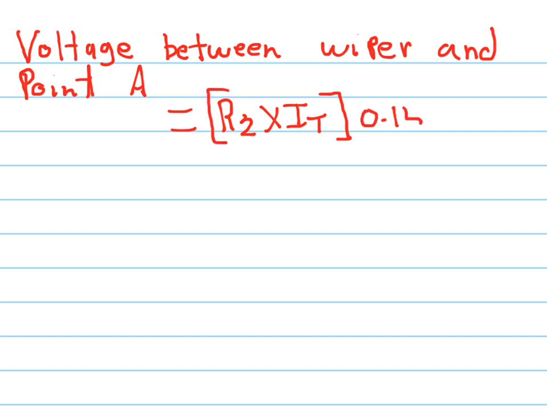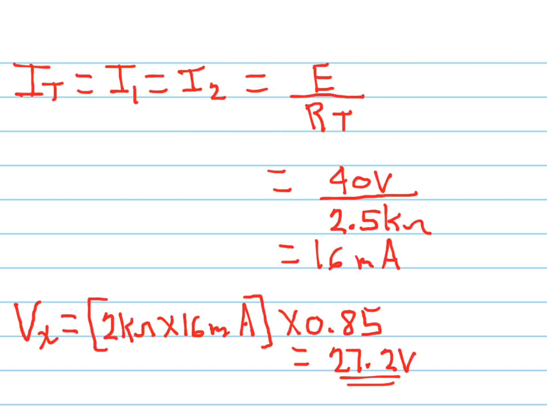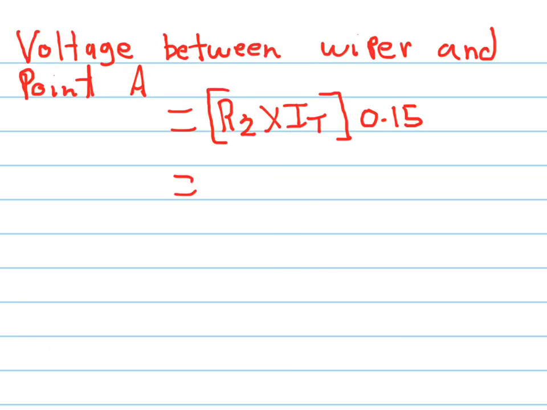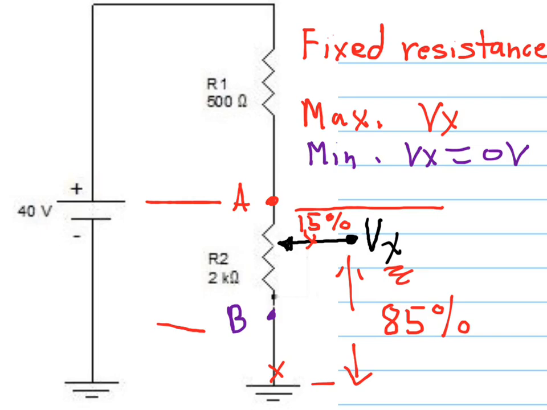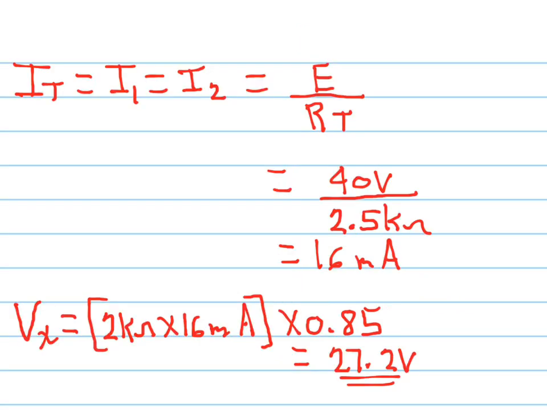So that will be the voltage across the remaining 15% of the wiper. Okay, I gotta go back. So that's going to be 2 times 16, which is 32 volts, times 0.15 would be 4.8 volts. Okay, and so that's going to be the voltage right between these 2 points.